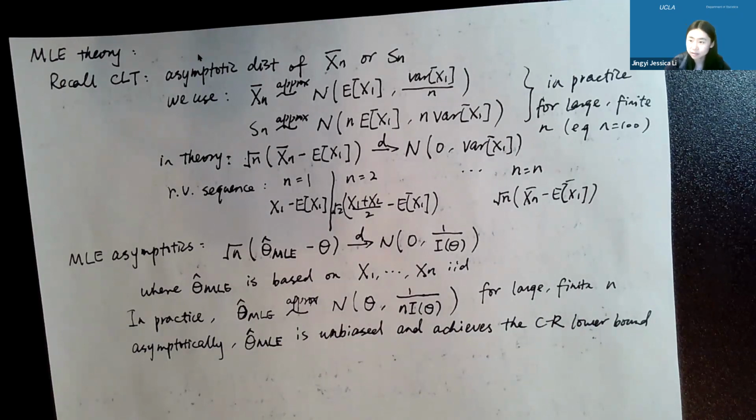Does that make sense? I would say this result establishes the MLE as the go-to estimator for parameter estimation. If you can write down the likelihood and find the MLE, then this is the way to go. That's why in most applications now, people just go for the MLE for a lot of commonly used models.